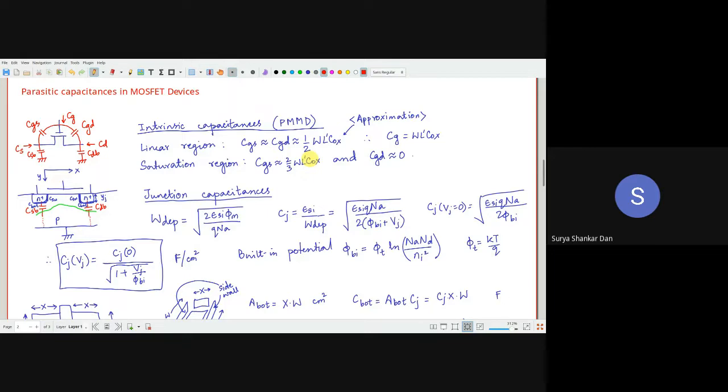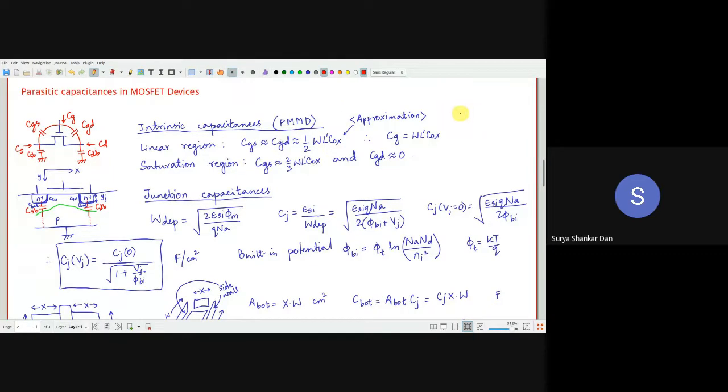Anybody can ask why the saturation region is 2/3 WLCox. It is not so easy, and that is the reason why I am skipping it in this advanced VLSI design course. It will take at least 3 to 4 lectures just to discuss the internal capacitances of a MOSFET, as we did in our PMMD.